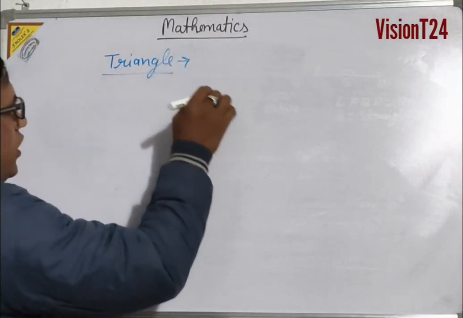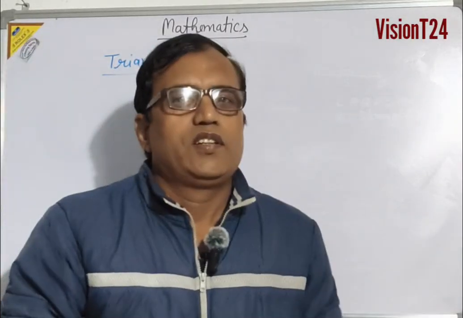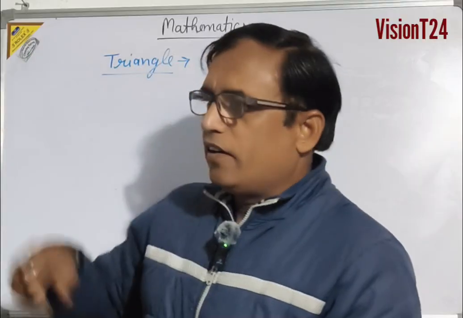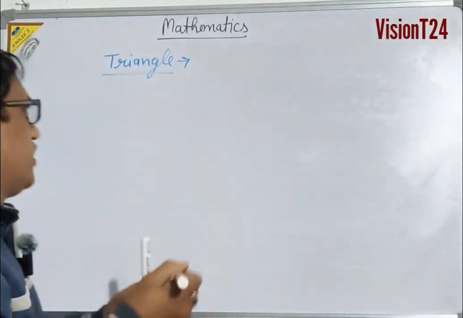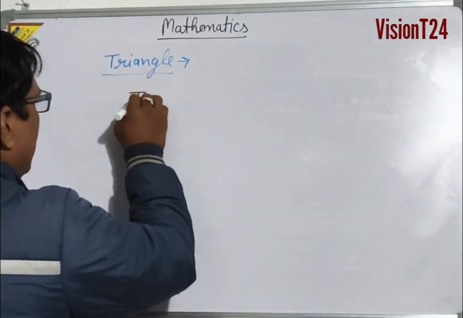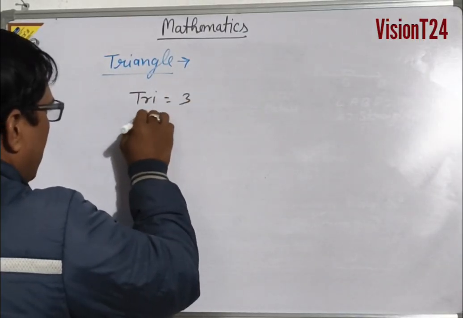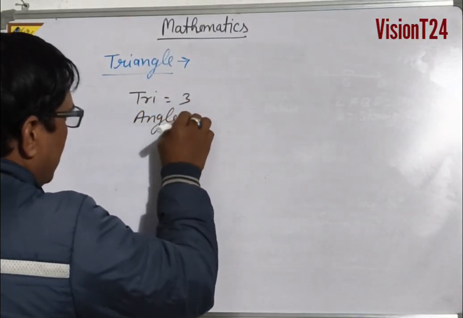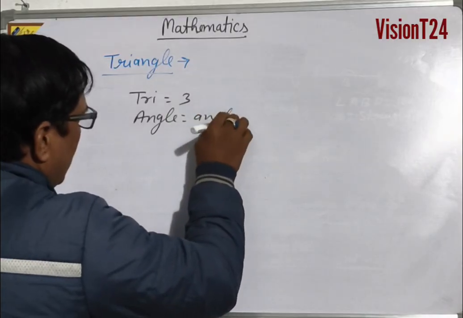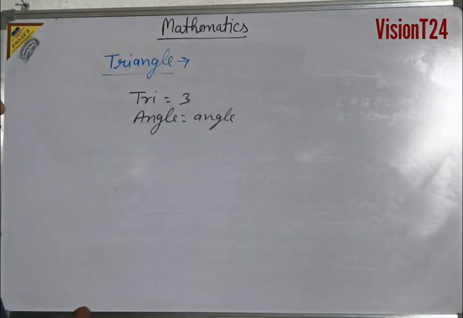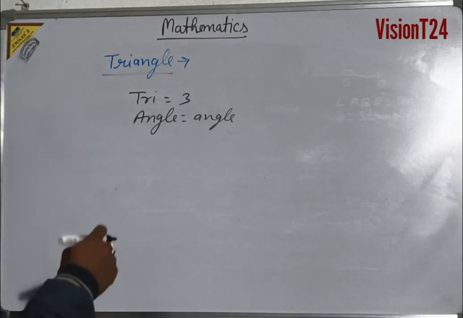Do you know what is triangle, bachcho? Triangle, as the name indicates. Tri, T-R-I, means three. Angle means angle. If a shape has three angles, that will be called triangle, right?